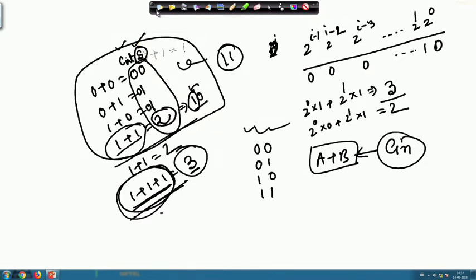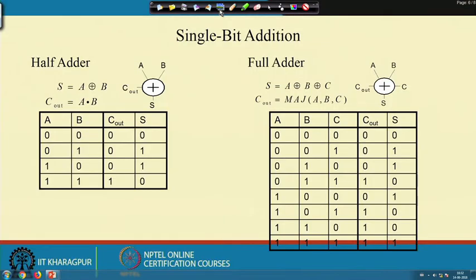Okay. So, again coming to the slide, here you see for this 1 1 1 I am getting sum as 1. That means 1 plus 1 is 1 0, and along with 1 0, if I want to add 1, the sum will be 1 and the rest will be 0.